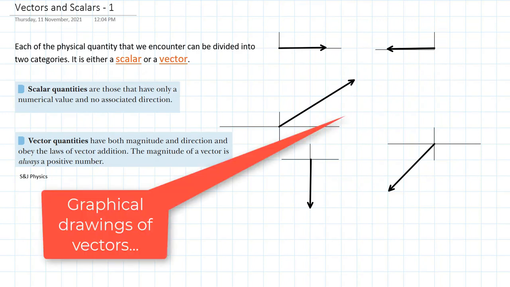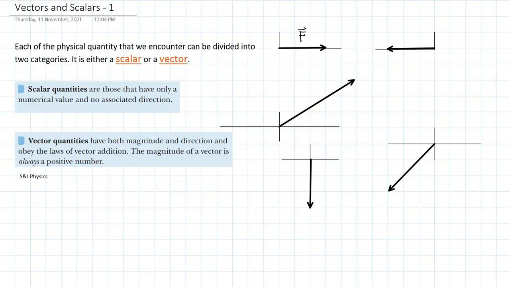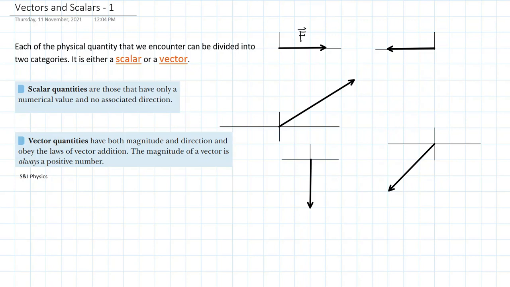For example, we have a force vector F, whose magnitude is the length of the arrow, and the direction of the force acting is in the direction of the arrowhead. Now, if you have another force of the same magnitude but pointing in the opposite direction, this force is drawn this way, and the arrowhead is pointed to the left.